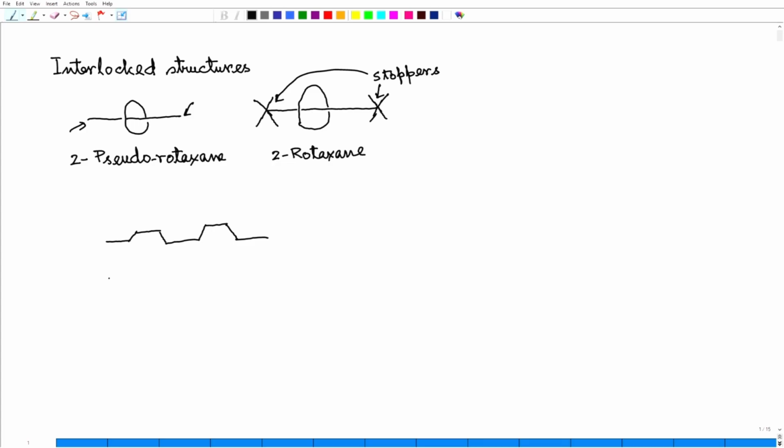And here you also have another unit. Then what can happen? You can put one here and one here connected, and then you can put one here and one here connected.